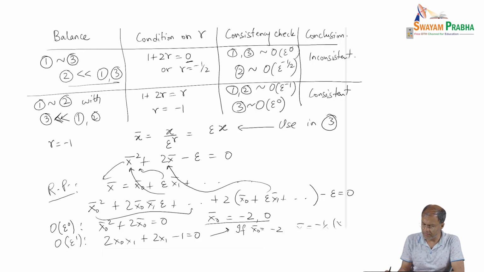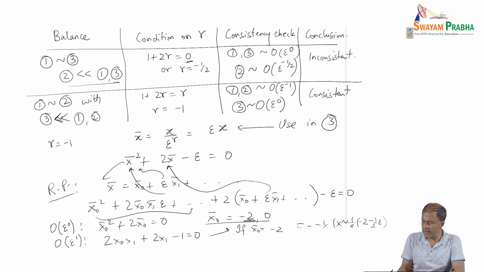And then what we have is that x is x bar by epsilon. So hence x comes out to be 1 over epsilon times negative 2, negative 1/2 of epsilon. Right? So negative 1/2 and negative 2.